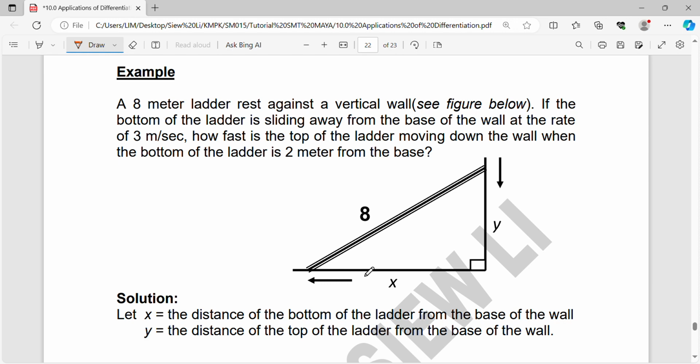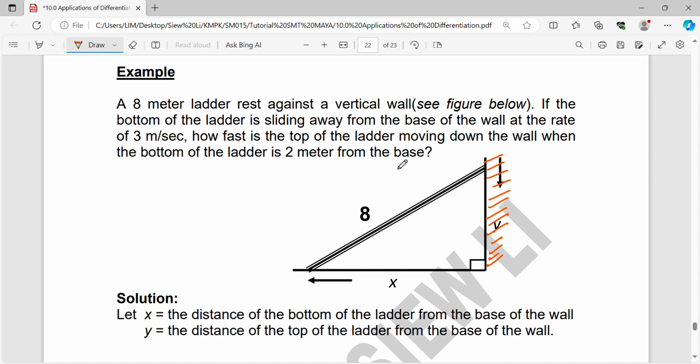When it's sliding away from the base of the wall at the rate of 3 meters per second, how fast is the top of the ladder moving down the wall when the bottom is 2 meters from the base?